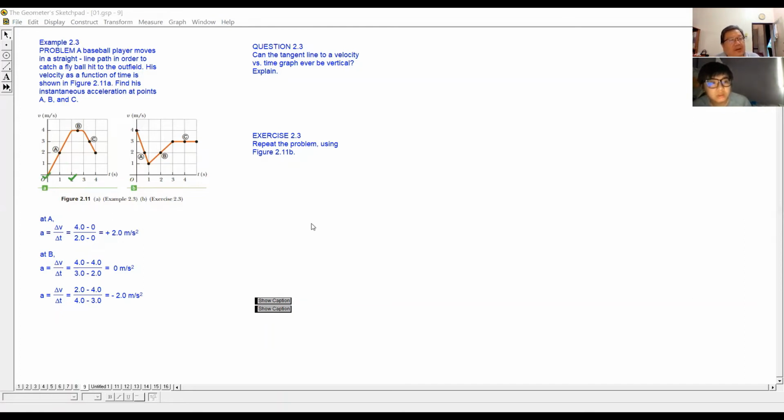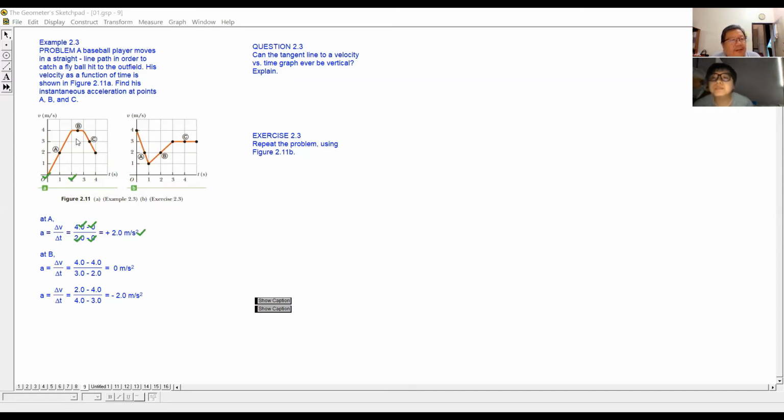So 4 minus 0 over 2 minus 0 is 2. The answer, the average or instantaneous acceleration, is positive 2 meters per second squared, right?